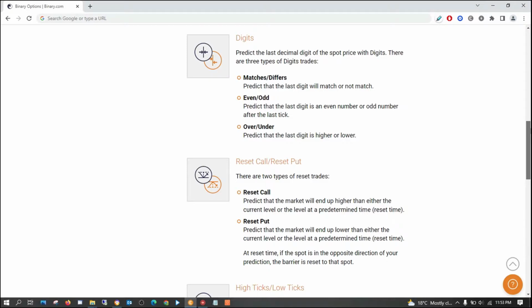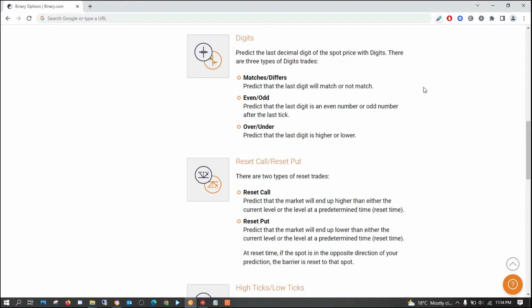And the other one is digits. Digits predicts the last decimal digit of the spot price. With digits, there are three types of trades, starting with matches and differs. Matches and differs predict that the last digit will match or not match. If you predict that the last digit will match 0 and it doesn't match 0, you lose your position.